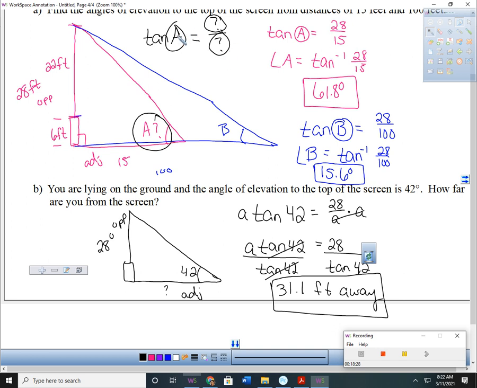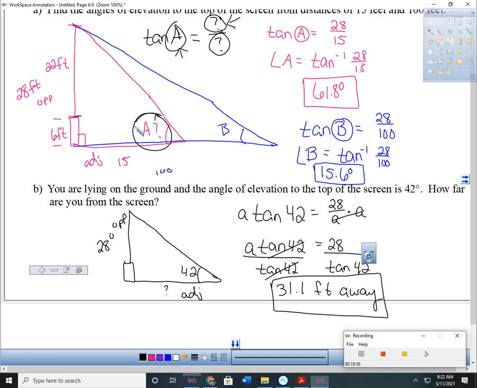So if I'm given an angle, then I need at least one side. If I'm given two sides, then I can find an angle. Or if I'm given one side, then I either need another side or an angle.